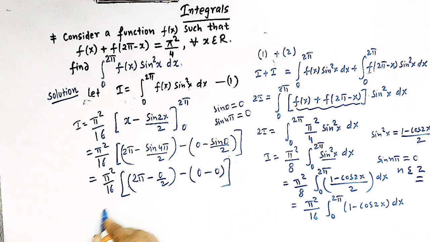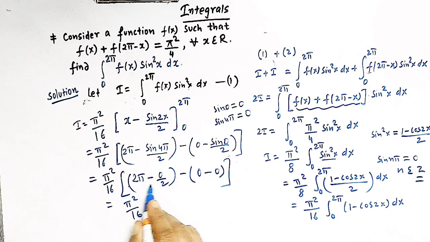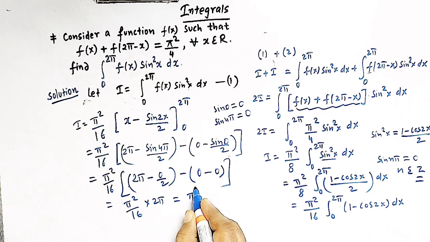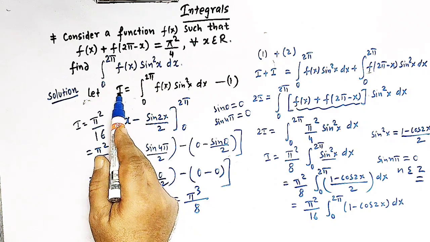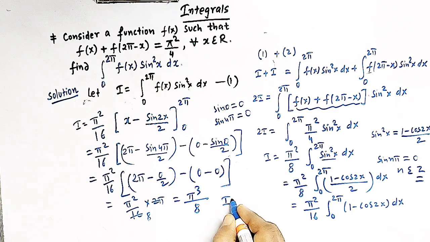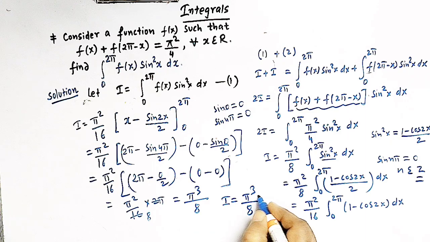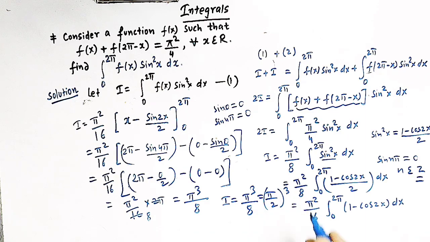Okay, so here we have pi square over 16, and here we are left with only 2 pi, right? So this is pi square times pi, that is pi cube, and here we have 8, right? So the value of this integral, that is I, is equal to pi cube over 8, which can also be written as pi over 2 whole cube.